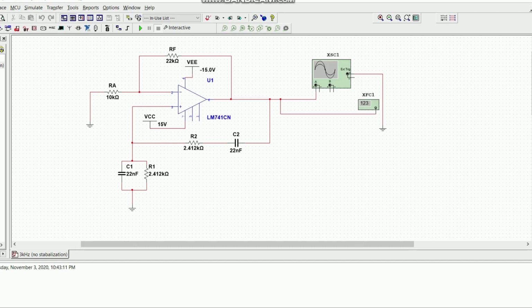In this circuit, we are supposed to achieve a frequency of 3 kHz. As we can see, the resistor we use is 2.412 kilo ohm, and the capacitance value is 22 nanofarad, which is the same for each circuit. So now, let us run the circuit.